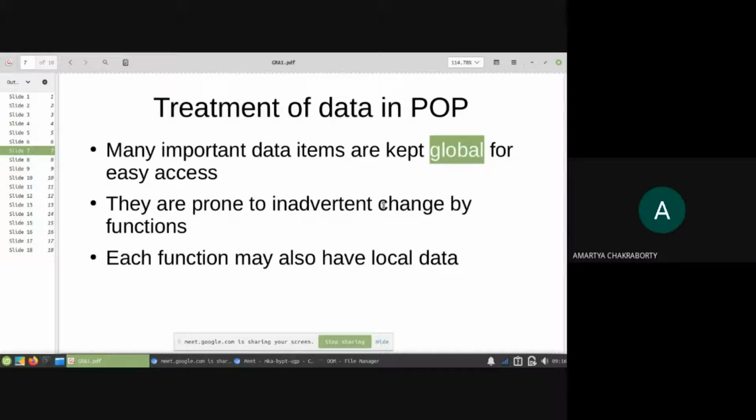There could be situations where the value of these global variables is being changed, right? And it may be changed without my liking. I may have written a particular function which is changing the value in such a way that it is affecting the working of another function, and I may not be liking that. Fine.